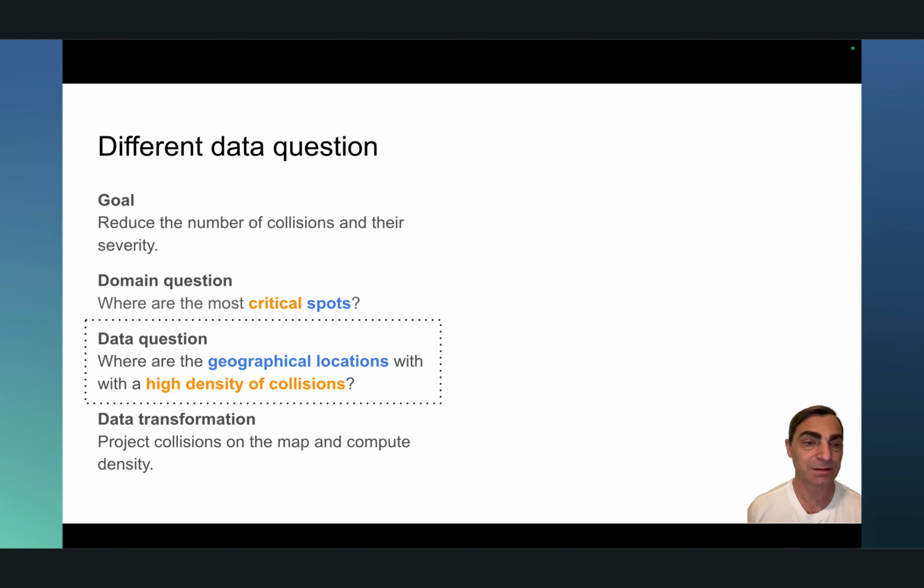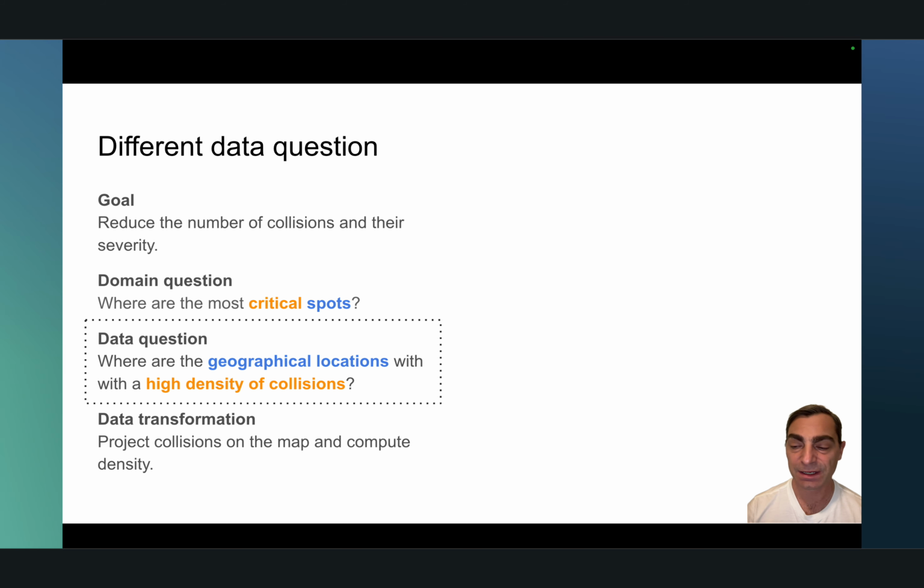So here I need a different type of data transformation. What I need to do is to project the collisions on the map. Remember that in the dataset I have individual collisions, and then compute a density map or a density function that basically calculates how dense in terms of collisions a given area is.